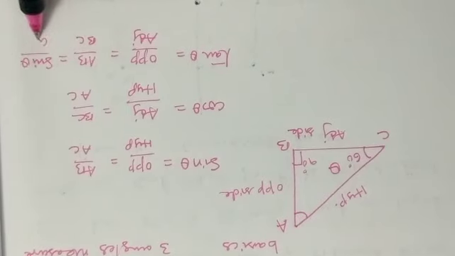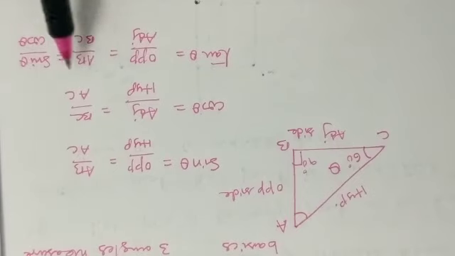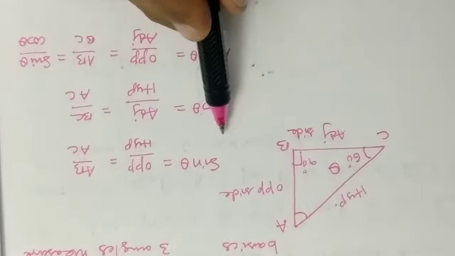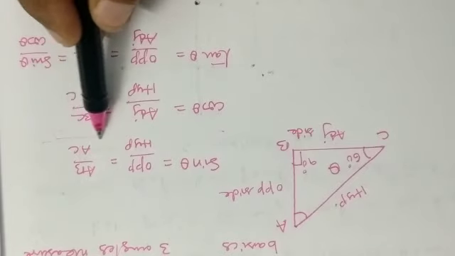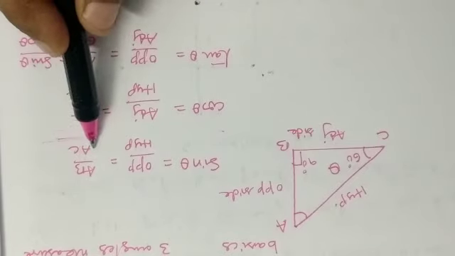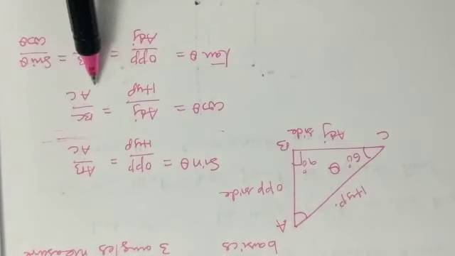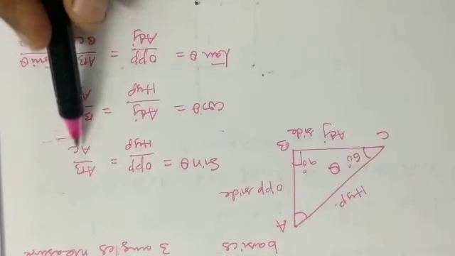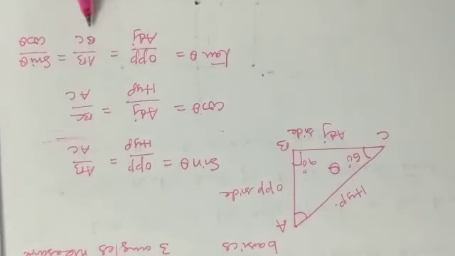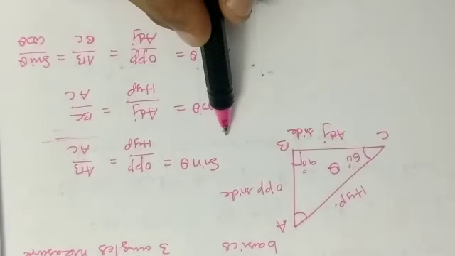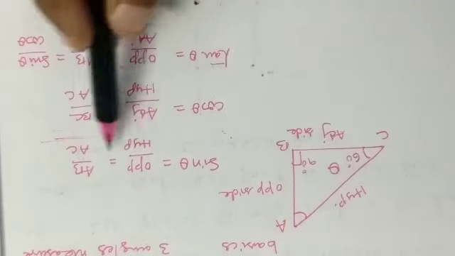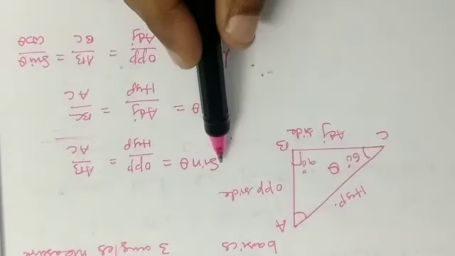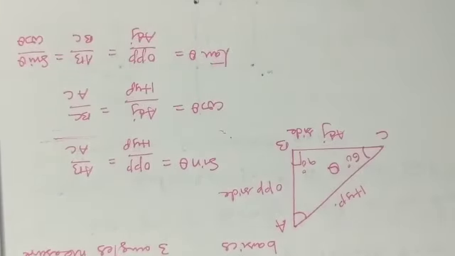See here, if you take the ratio, both the denominators get cancelled, and you get AB by BC, that is equal to sin theta by cos theta.